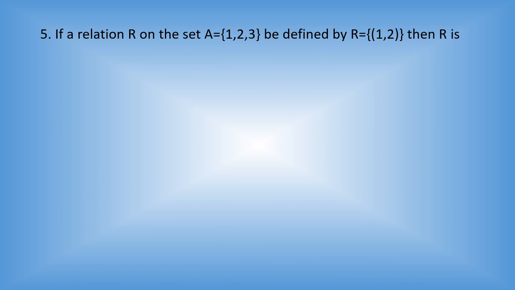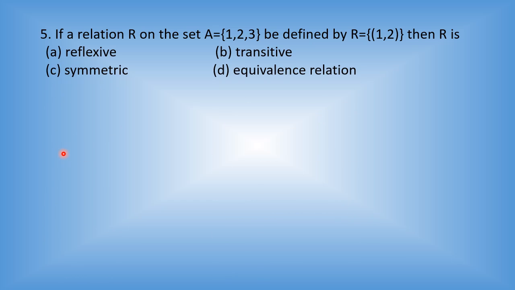The next question: a relation R on a set A having the elements 1, 2, 3 is defined by R equal to the ordered pair (1, 2). We have to check whether R is reflexive, symmetric, transitive, or an equivalence relation.